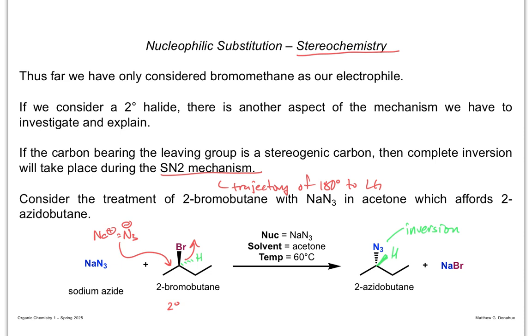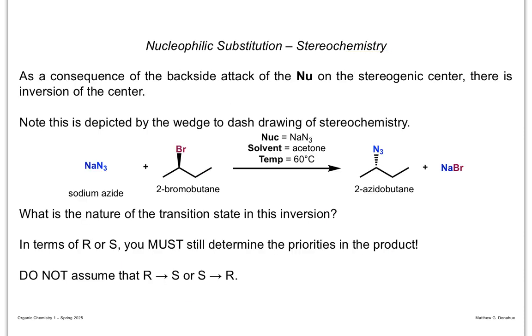Let's dig a little bit into the consequences of that. A consequence of this backside attack of the nucleophile on a stereogenic center is there is complete inversion of the stereogenic center. So that wedge that's coming out towards you, the reaction happens, and the dash is going behind the board.